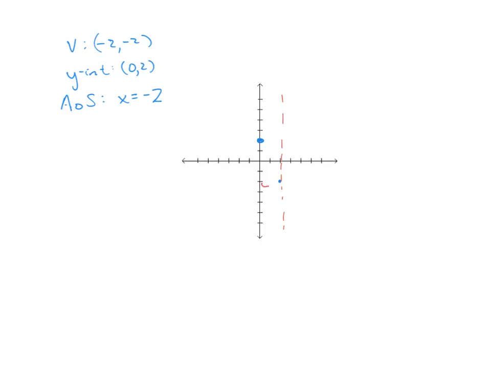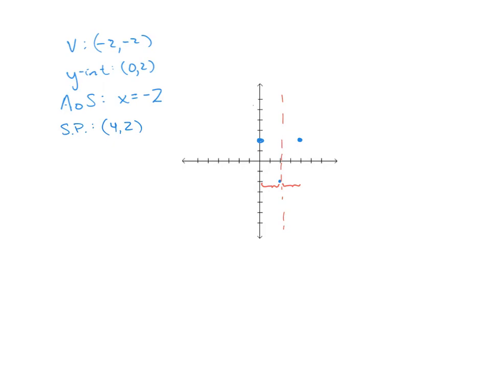So when we are 2 to the left of the vertex, we are at +2. So I want to move 2 to the right of the vertex, and we will be at (4, 2). So my symmetric point is (4, 2).